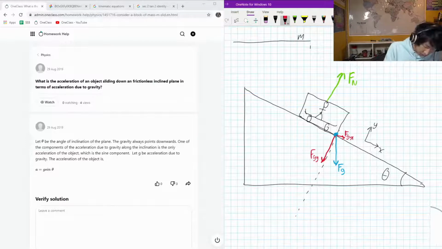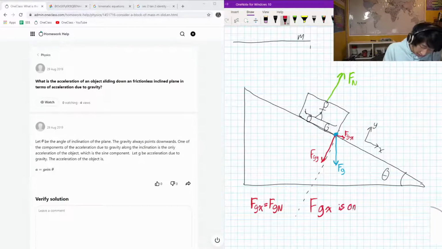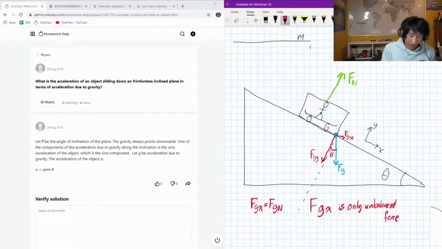We know that FGY has to be equal to FN. FGX is the only unbalanced force. And we know that this angle here is going to be the same as the angle of the slope.